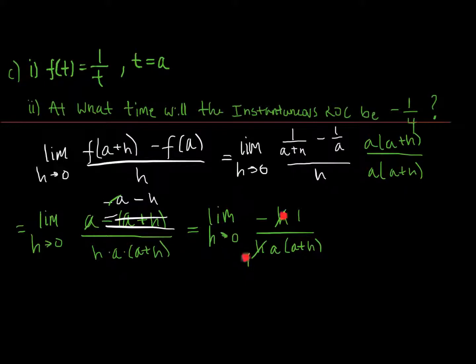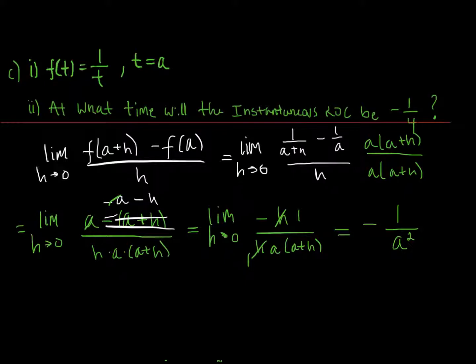So this will always be 1 over 1 so long as I don't have an h value of 0, and I won't because I'm approaching, not at. And so now I have negative 1 in my numerator, and in the denominator I have a times a plus h. Now I can substitute in 0, and this is just going to give me a plus 0, which is a. So I'll have a times a, which is a squared. So my limit as h approaches 0 is going to be negative 1 over a squared.